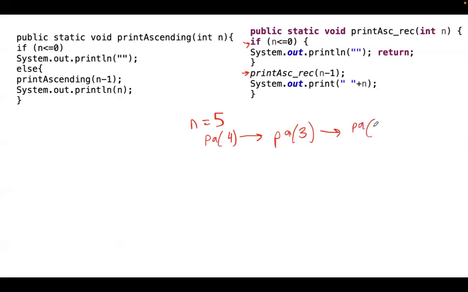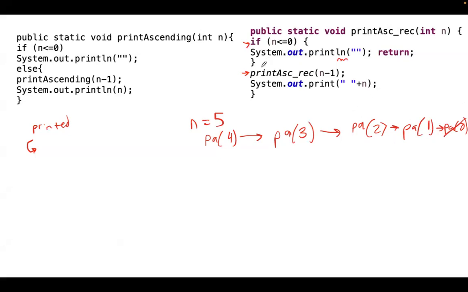So print ascending of 2, and then print ascending of 1, and then print ascending of 0. We get here, and so we print nothing. So we go to a new line, because that's println, and then we're done with PA of 0.